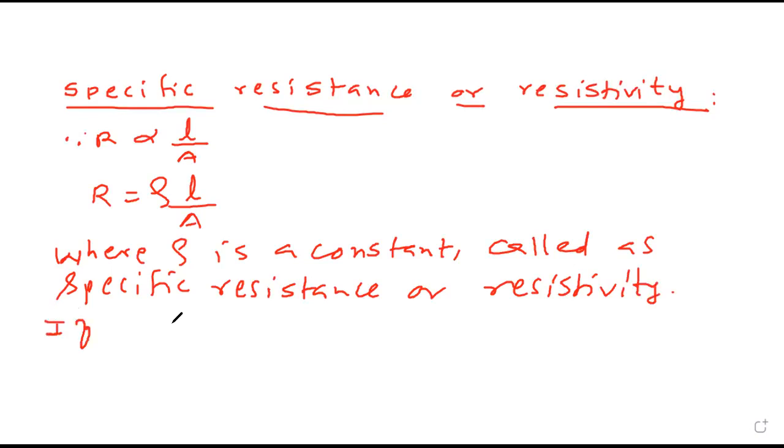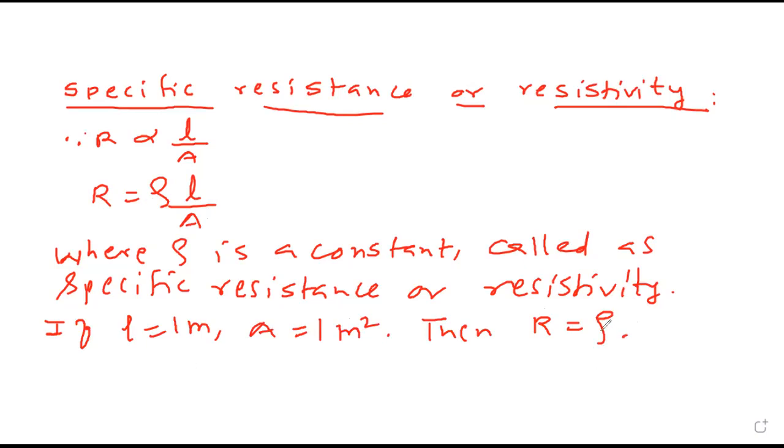If L is 1 meter and A is 1 meter square, then R is the same as rho.